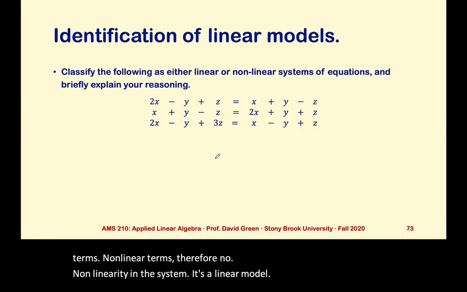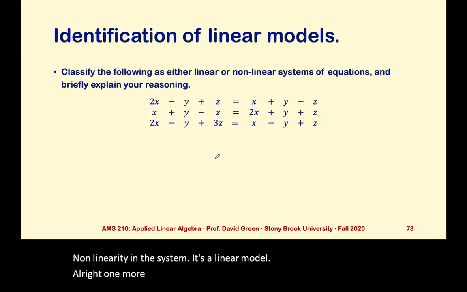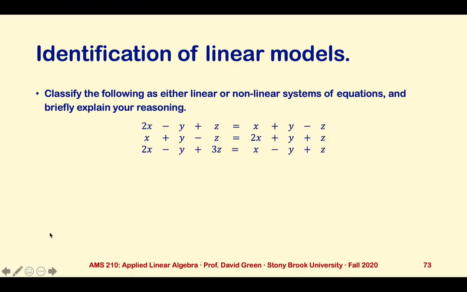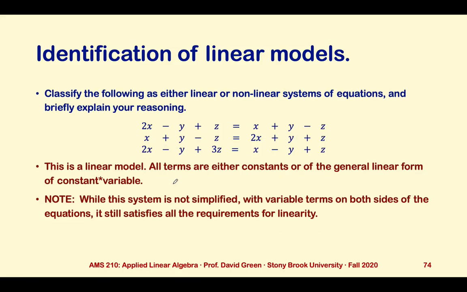All right. One more example, linear or nonlinear. This is also a linear model. If we look at the terms of this model, all of the terms have this general form of a constant times a variable, on both sides.